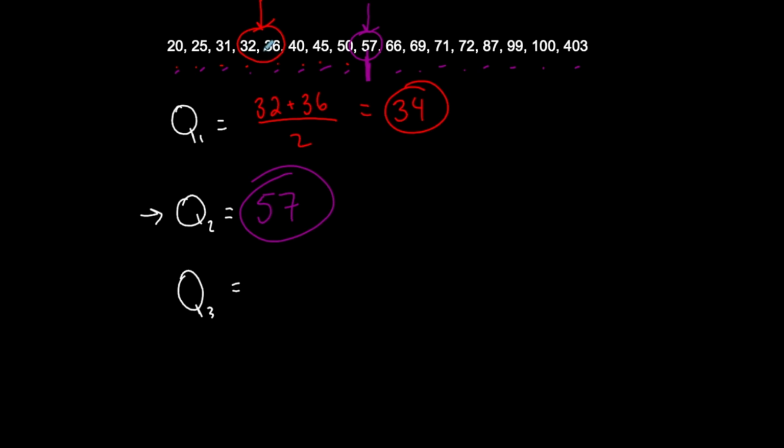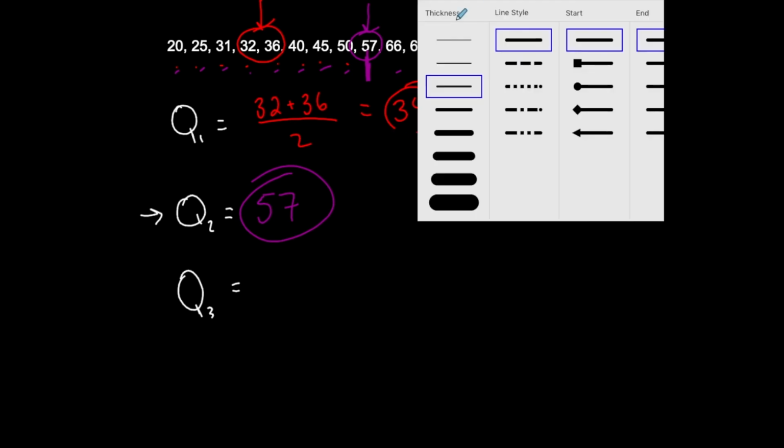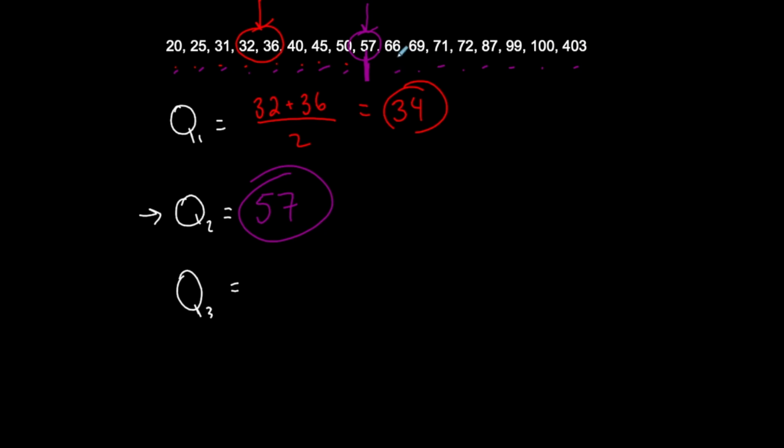So the data value located 25% into the data set, which separates the bottom 25% from the top 75%, is 34. If I want to find Q3, which is also known as the 75th percentile, I'm going to do the same thing, but I'm going to focus on the top half. I'm going to find the median of this.